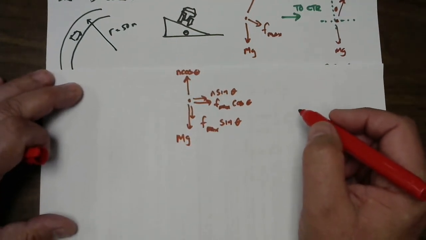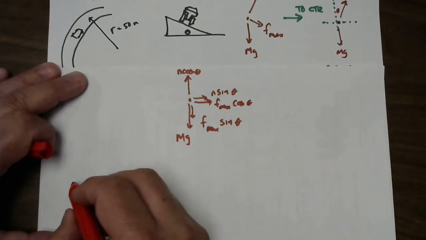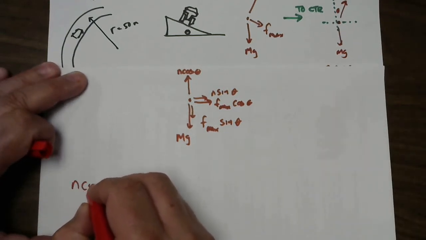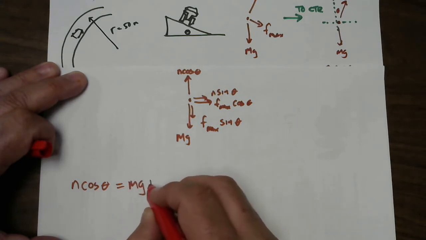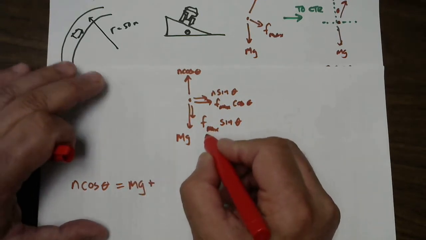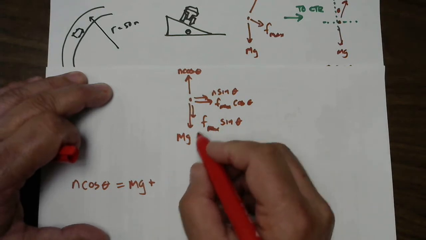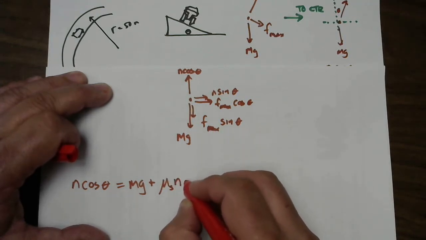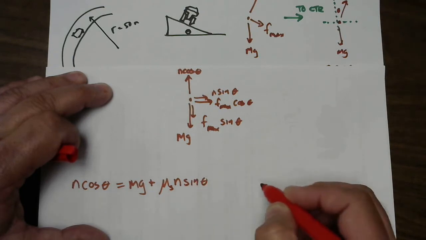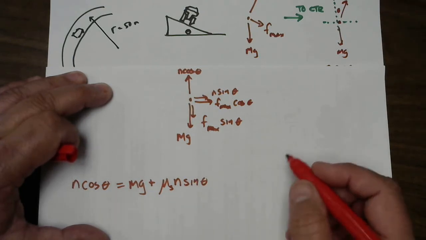Now there are two different things we're going to learn from this. One is that N cos theta has to equal mg plus f max sine theta. Now I'm going to write out what f max is. It's mu s N, so f max sine theta is mu s N sine theta.